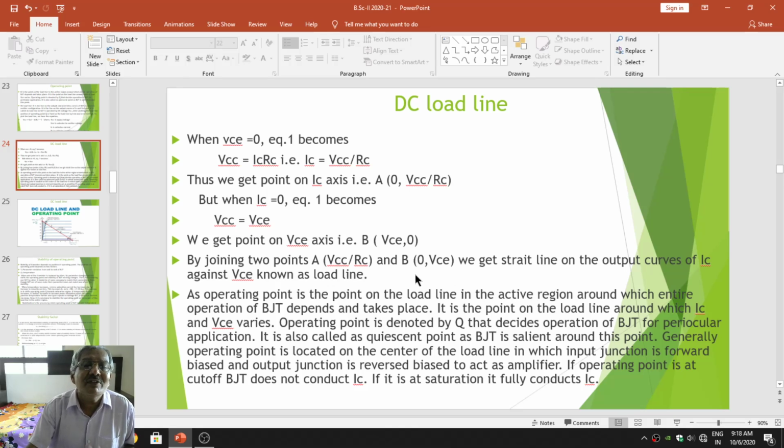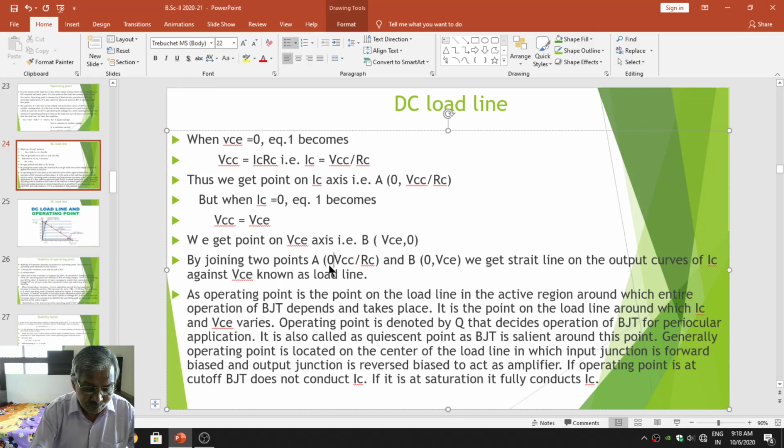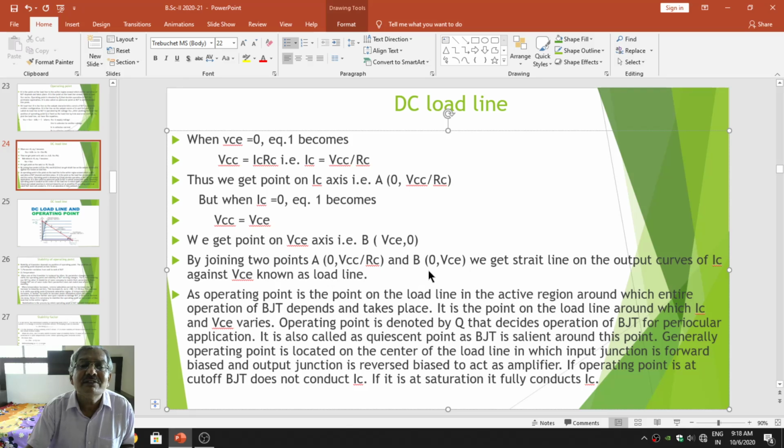Now our job is to join these two particular points, point A, that is (0, VCC upon RC), and point B, that is (VCE, 0).